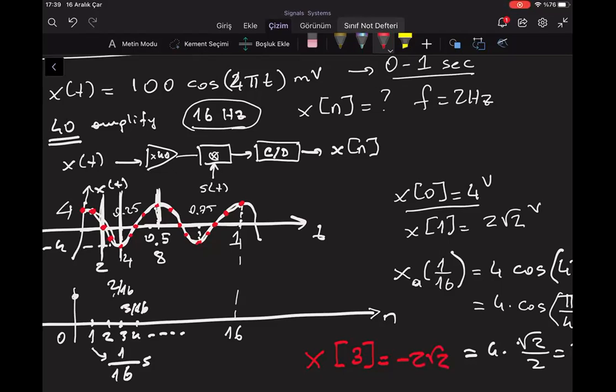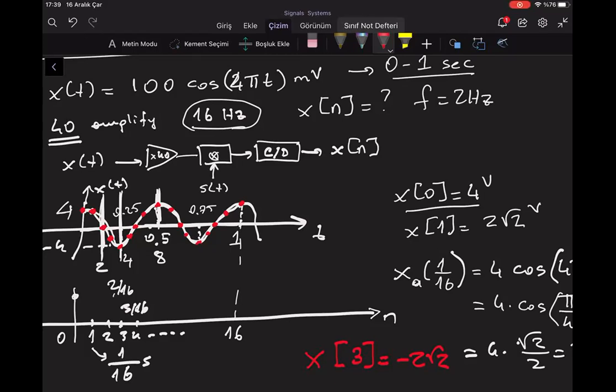Look: 2 root 2, 0, minus 2 root 2, minus 4, minus 2 root 2, 0, plus 2 root 2, 4, plus 2 root 2, 0, and so on. Did you understand what I have done? What kind of an approach I had in this question?